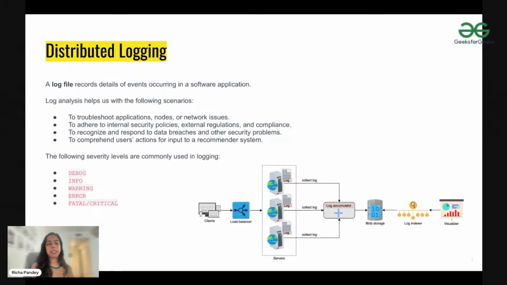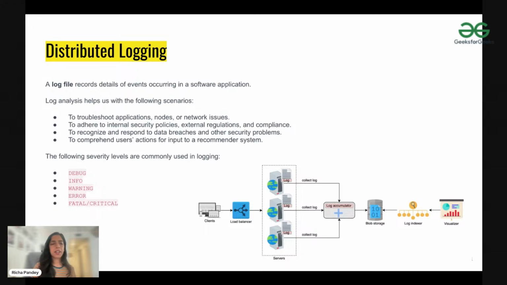There is the info log. Let's say you want to log something like user location. If you're calling an API, the API wants to log the location from which the user is sending the request. That would be termed as an info log. There can be a warning log. It is a medium severity log where nothing is going down, but you want to warn that, let's say, your API is nearing capacity, so you send a warning log that you are very close to the capacity of your rate limiter.